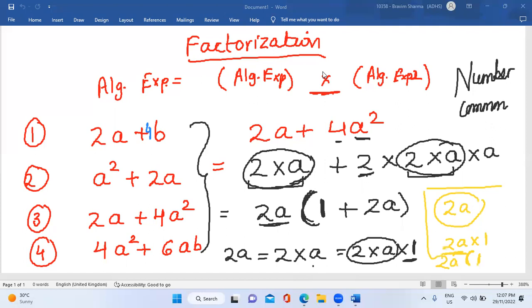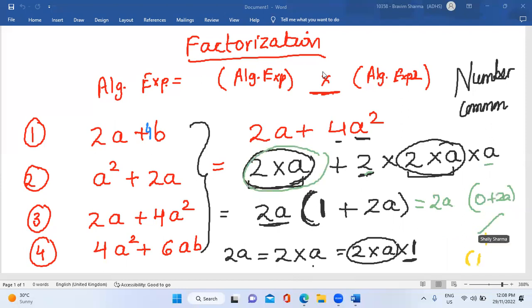Most of the students, the mistake they make is, when they take 2a common, they will just write nothing for it, or they will write just a 0 plus 2a, which would be wrong. Okay, so remember, when you take the whole term common, just write 1 instead of that inside the bracket.